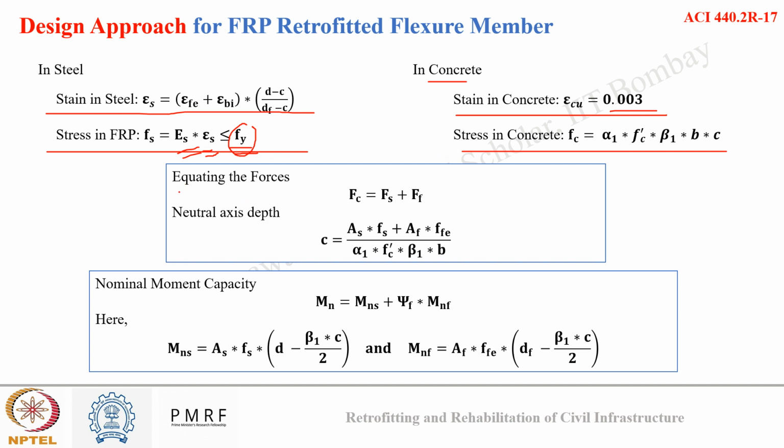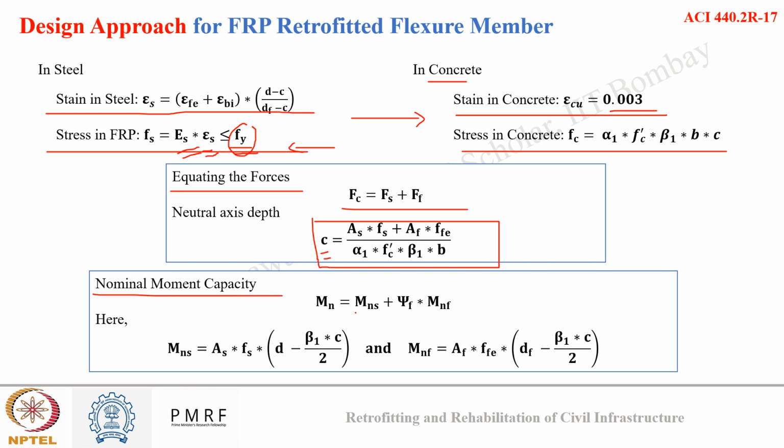By simply equating the forces, the total compression force must be equal to the total tension force, we can determine the depth of the neutral axis, because everything else will be known to us. It is just the depth of the neutral axis that won't be known. So we can determine that value by equating the forces.